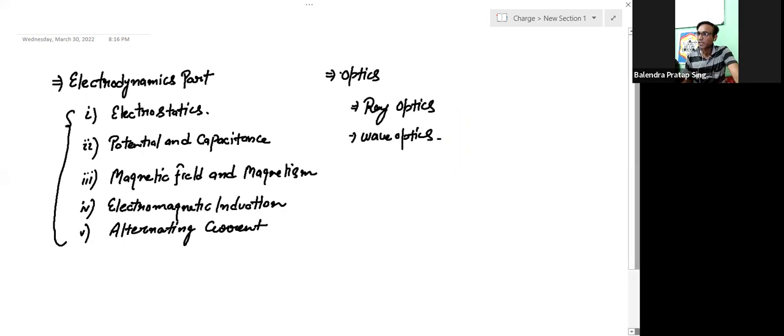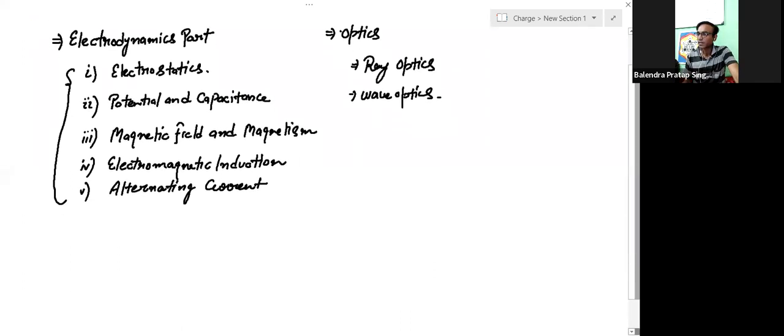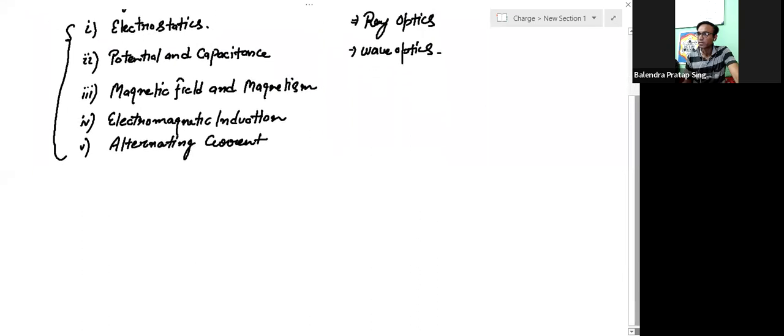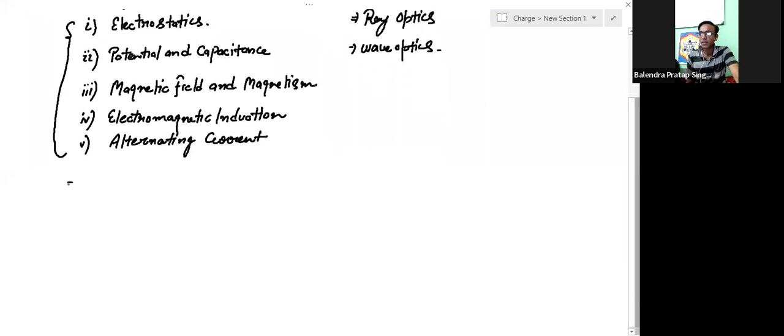Next we will study the modern physics part. In modern physics, basically we study what is atom, a chapter related to atom: how an electron moves in an atom, and what kind of laws it follows.